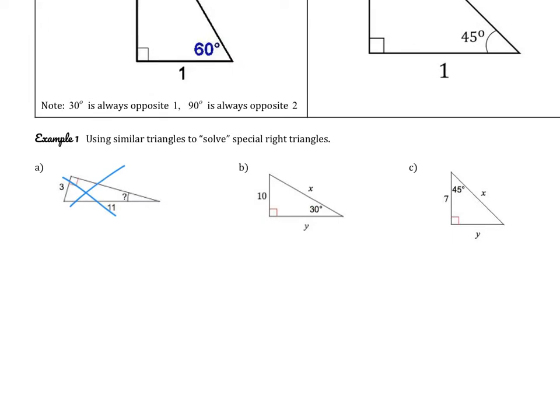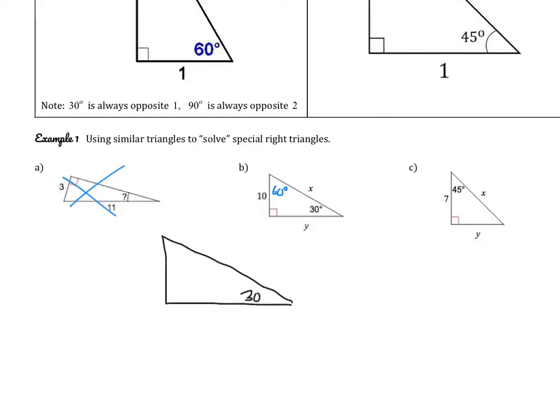So here we're going to be using similar triangles to solve these special right triangles. And when it says to solve the triangle, it means find all of the missing parts. So here, this is 30 degrees, this is 90. This must be 60 degrees. So we see that we have a 30, 60, 90 triangle. So one way you can approach these is you can draw your own 30, 60, 90 triangle.